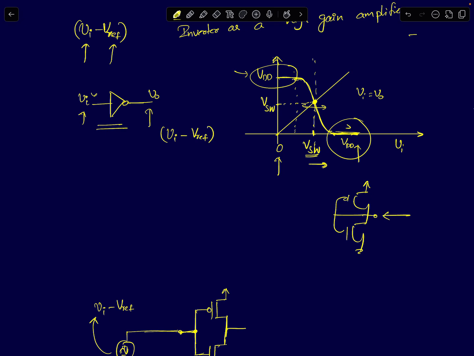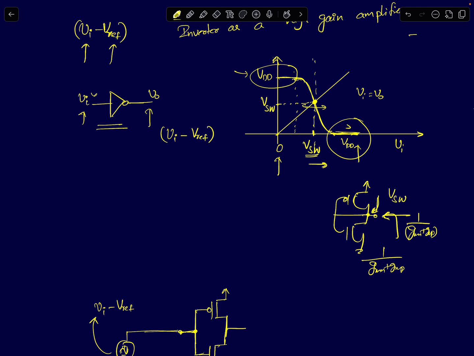When you short circuit input and output, the impedance seen at this node will be 1 by gmn plus gmp, since you have two diode connected transistors in parallel, if I'm ignoring the lambda effect, which is the output resistances of the MOSFETs. So the impedance here will be a very low value, 1 by gmn plus gmp. And the DC voltage here will be equal to VSW, which is called the switching threshold.